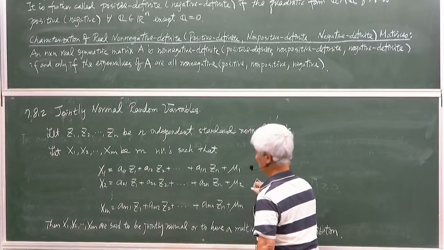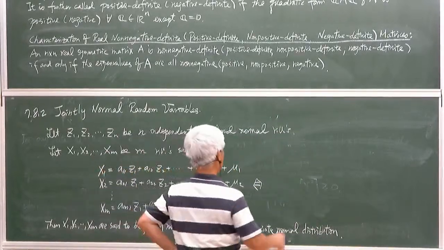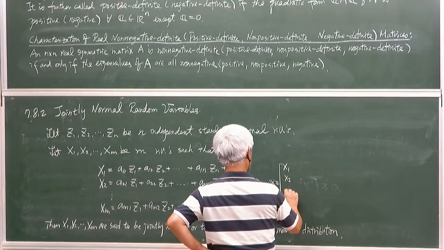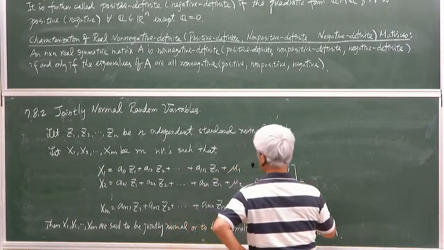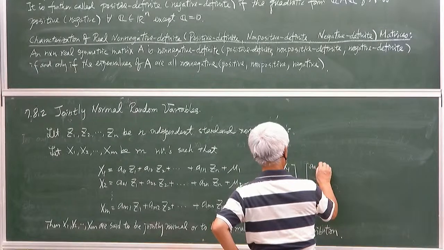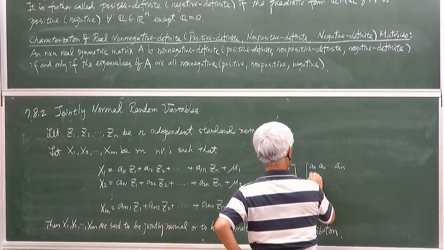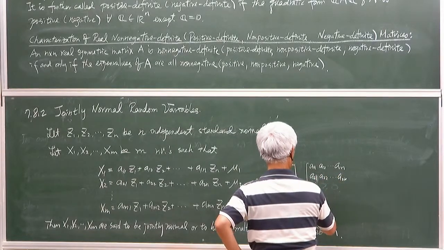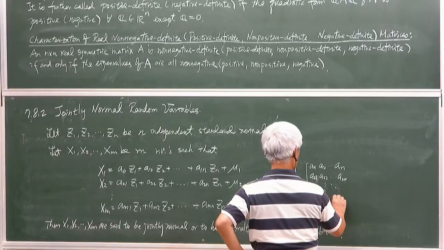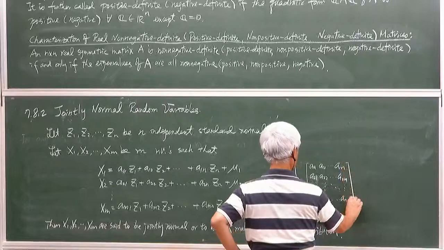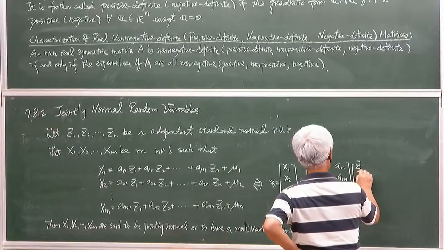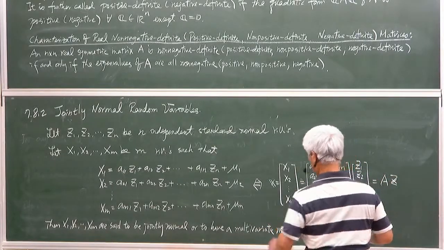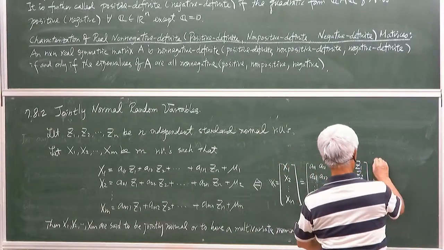Now, this is a system of linear equations, so we will write it in vector form. Here is Z1, Z2 up to Zn, plus mu1.